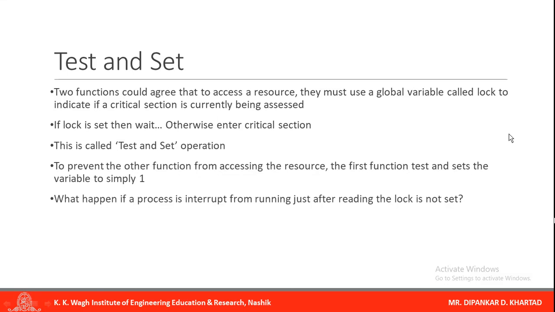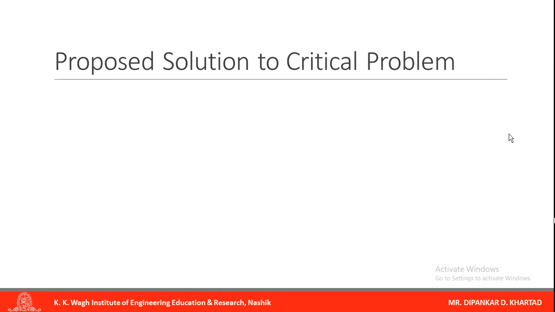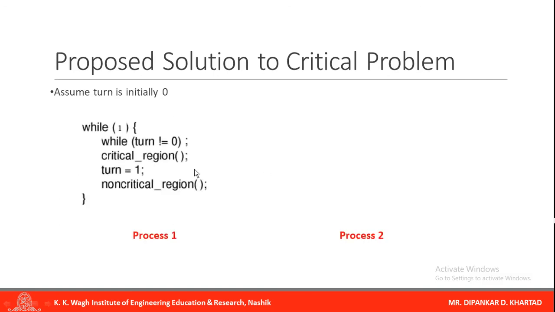What happens if a process is interrupted just after reading that the lock is set? So this is the proposed solution. Assume turn is initially 0, with process 1 and process 2. This is process 1 code: while turn is not equal to 0, and if this condition fails, then the code runs into the critical region.